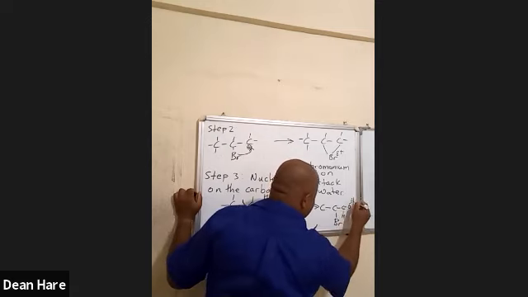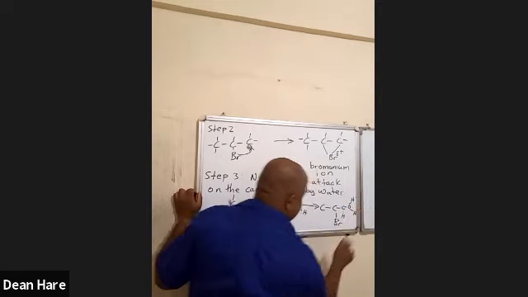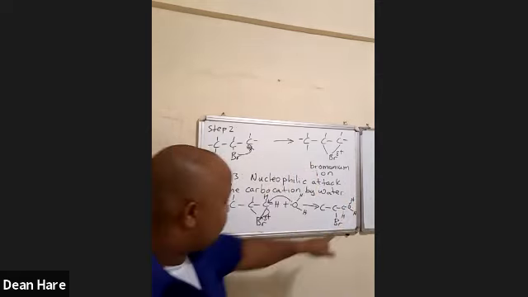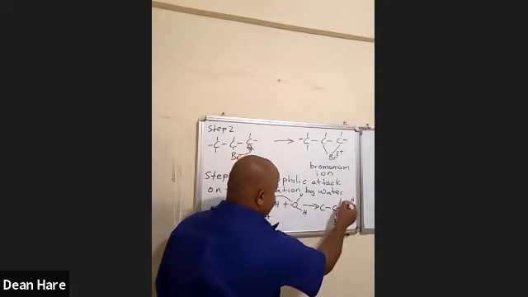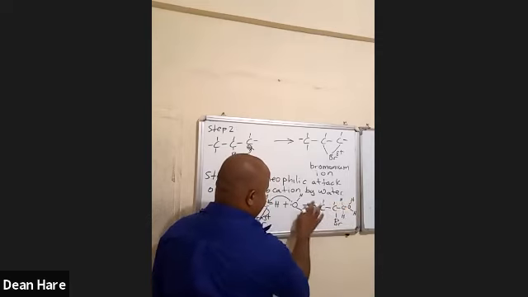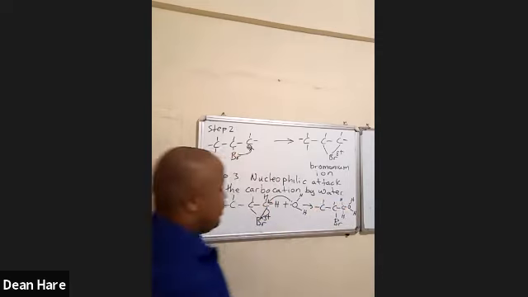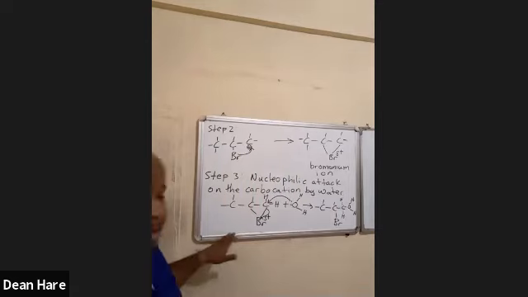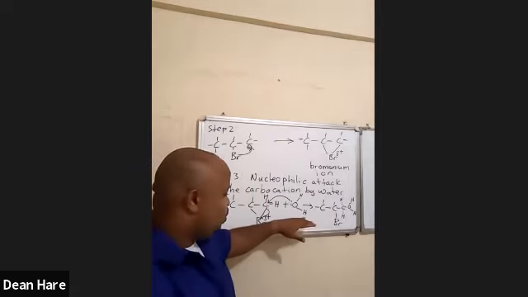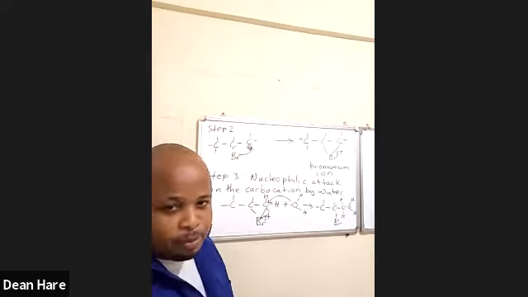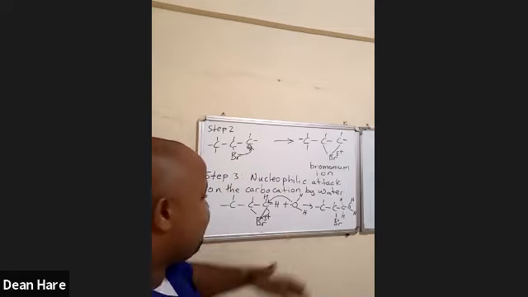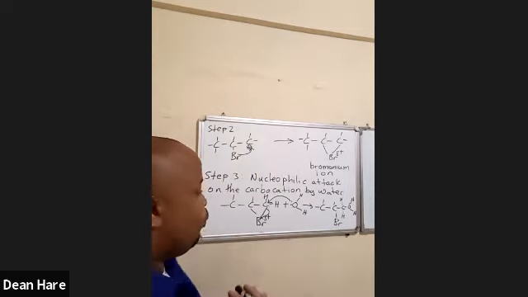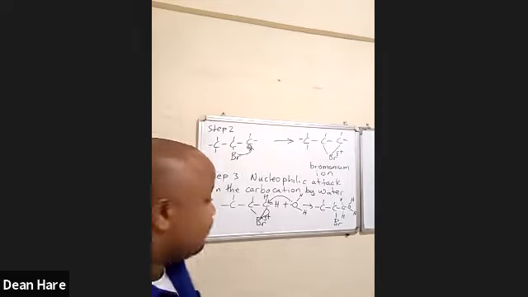Okay. Hope you can see this good. So now the water is attached to this carbon atom. All right. So that is step 3. When you're using water, the mechanism has an additional step. So if it was liquid bromine, it would have finished at step 3. But with water, it has an additional step.